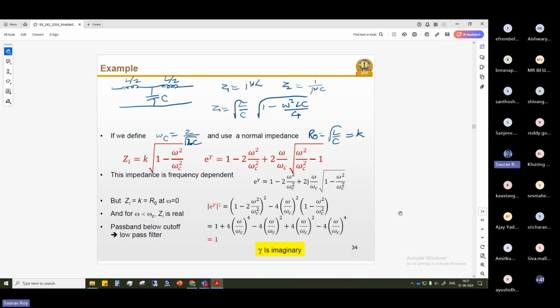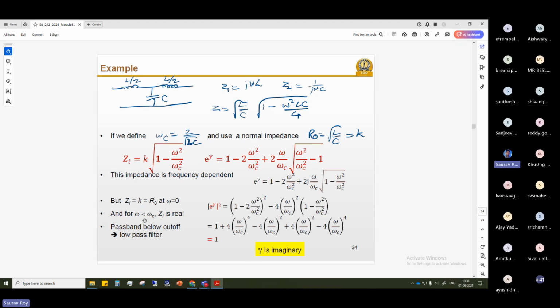Now, coming back to this circuit, if K is square root of L by C, which is R0, then at omega naught the ZI value becomes K only, because the term inside the square root becomes 0.